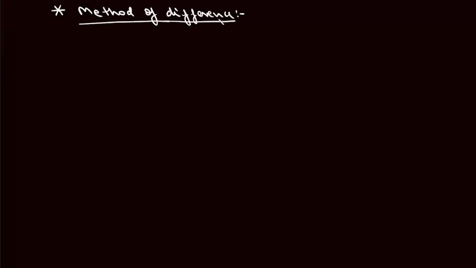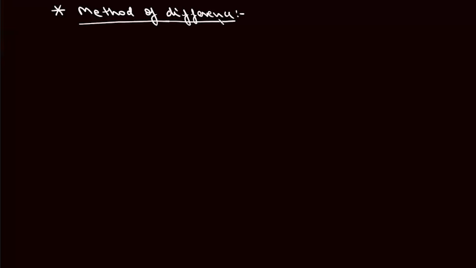Now, the most important method in sequence and series is the method of difference. This method will be used when the general term can be expressed as the difference of two consecutive values of another sequence.